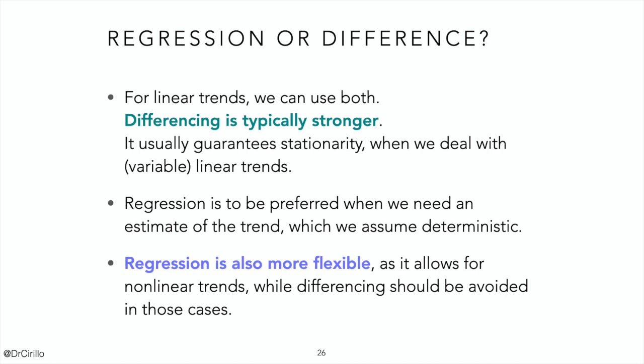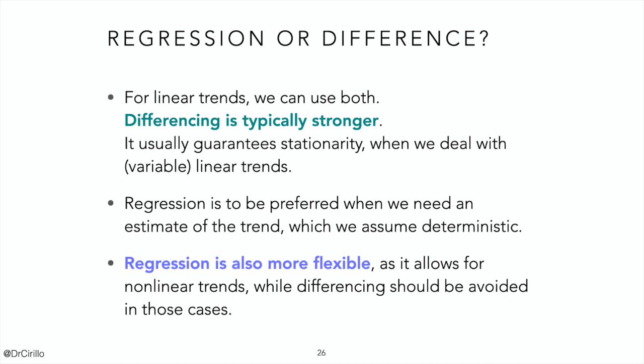And if there is some sort of moderate seasonality, with differencing you can also try to get rid of that. While if the seasonality is strong, as we shall see, it is usually not enough to take differences. Linear regression, per se, is more flexible. You can try to model a lot of different types of trends.